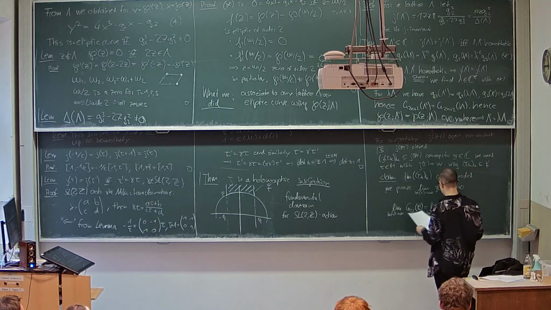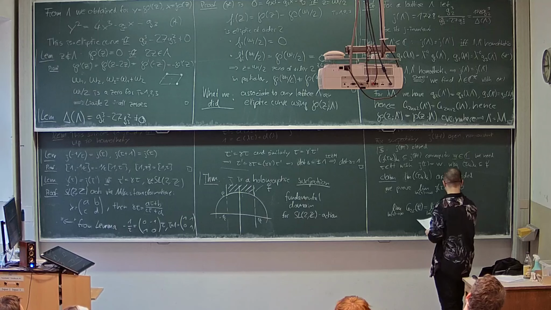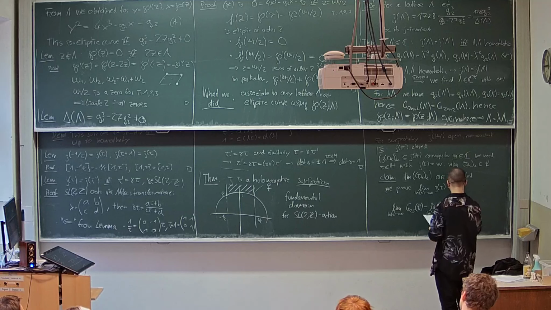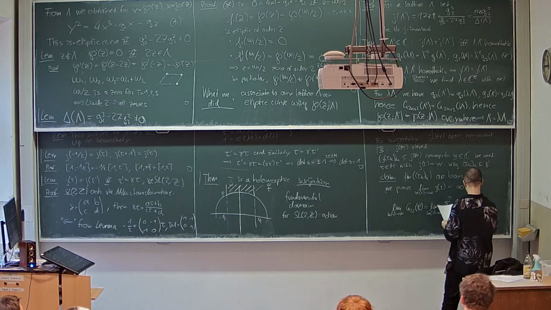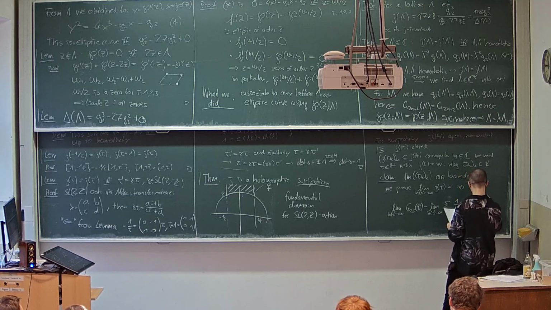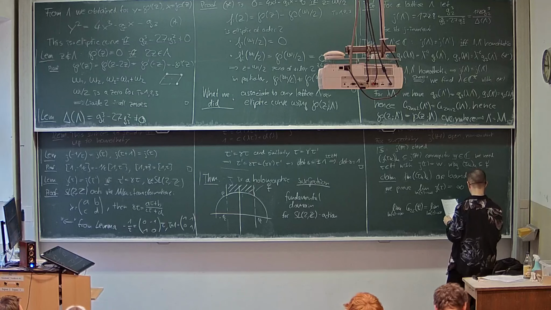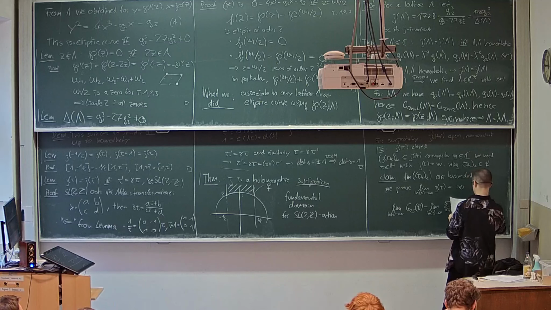And we can split this up in a sum over n non-zero of 1 over n to the 2r, plus the sum over m non-zero, n in Z, of 1 over n plus m tau to the 2r.